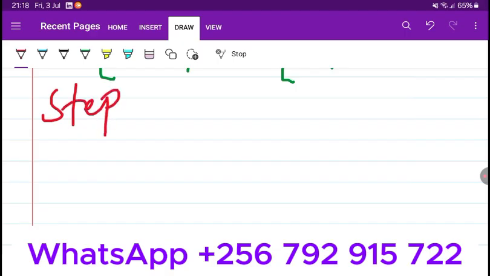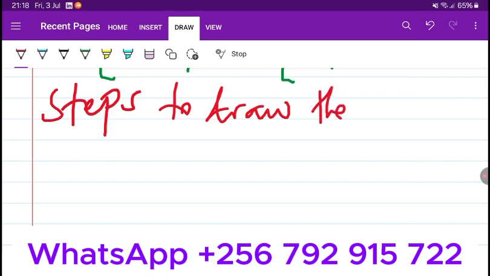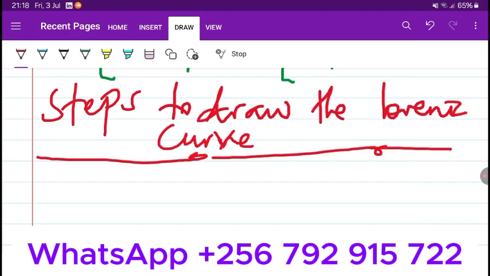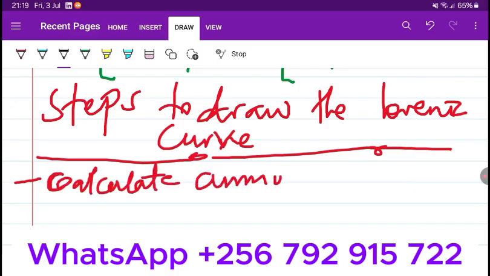Of course, the first step is to calculate cumulative percentage frequency.